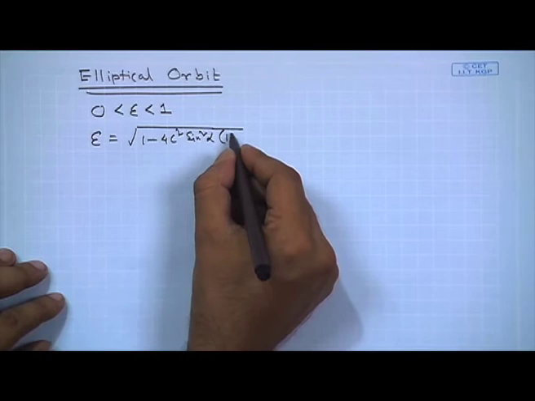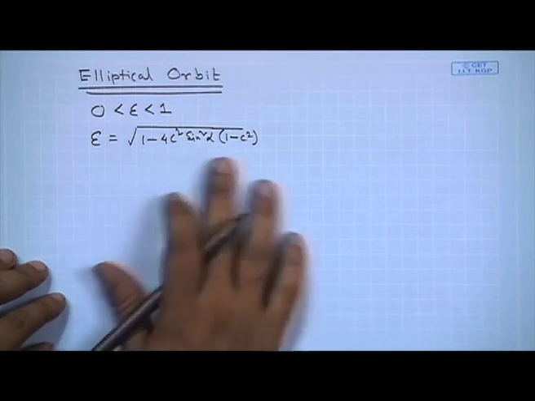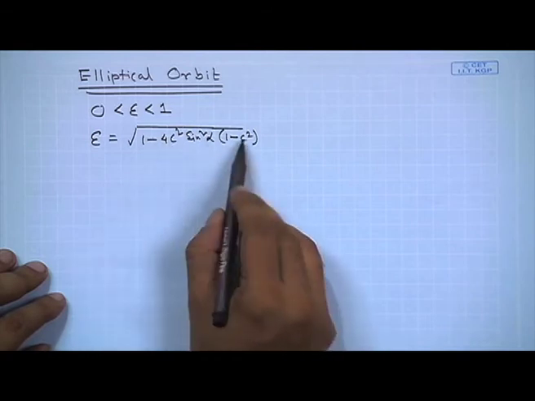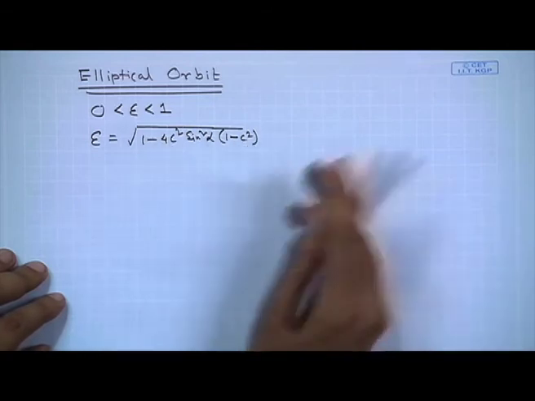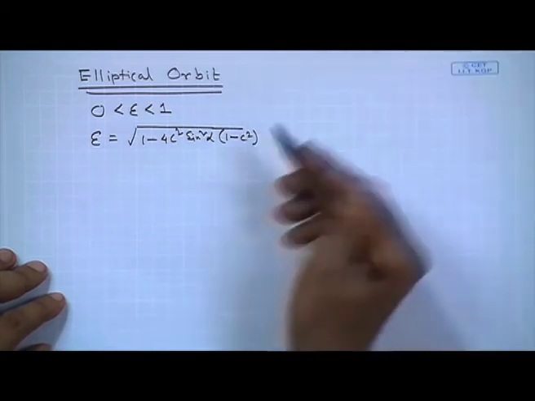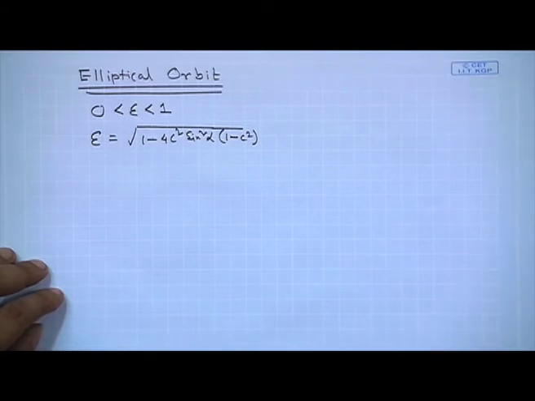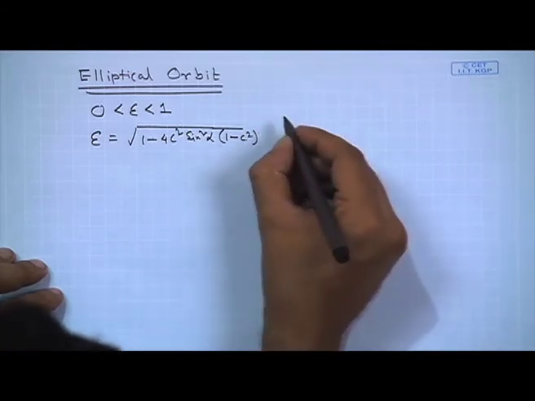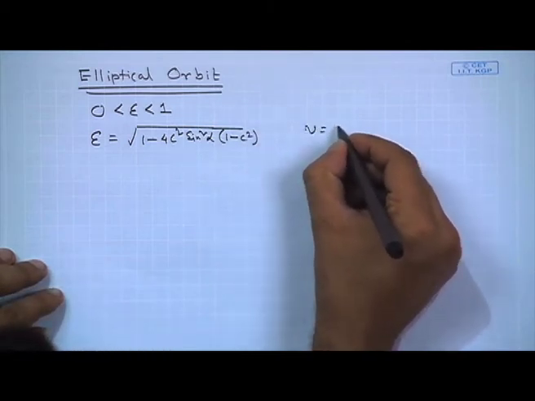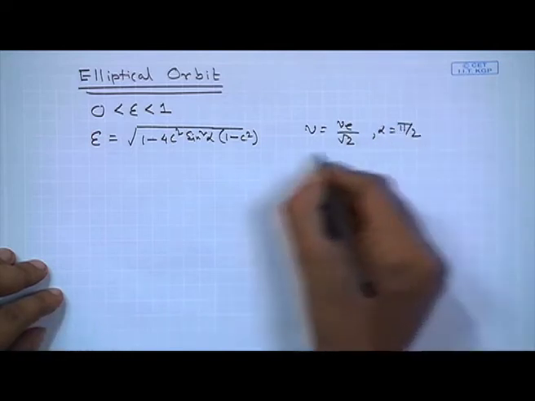You can either write plus and c square minus 1, or write 1 minus c square, whichever way you prefer. For this particular case it is better visualized if we write minus and 1 minus c square. That's why I am doing it. Previously we could also write c square minus 1 with a plus sign here, right. Now we have already seen that for v equal to ve by root 2 and alpha equal to pi by 2, we get a circular orbit.